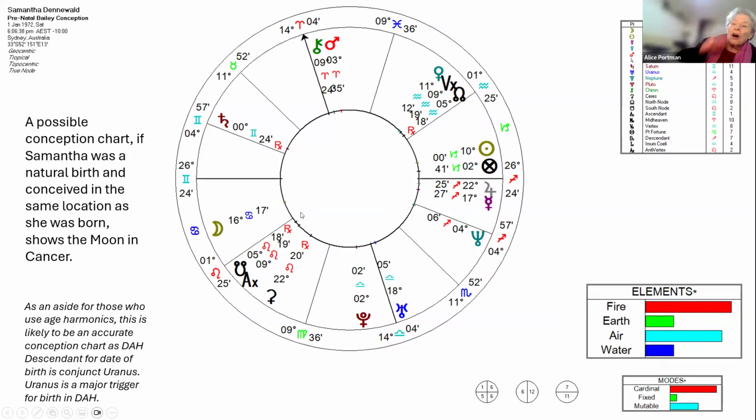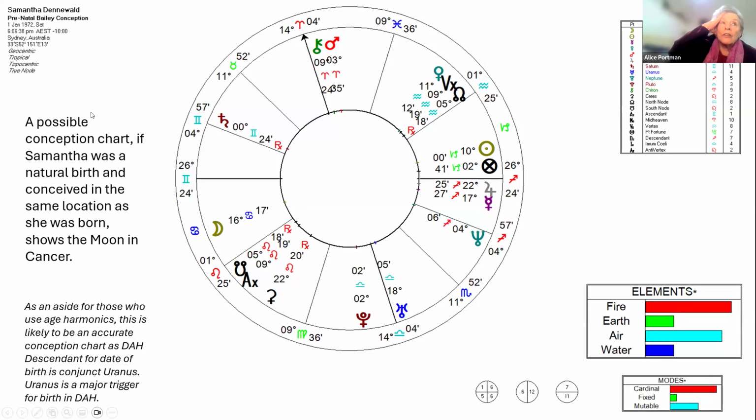Now, what I do is there's a whole new talk, and it's a lot more technical because I worked a lot with conception charts. If you get the right conception chart, day-age harmonics to the date of birth will show the birth. Huh? It will show it happening. Even if it's, you know, prem or anything else, it will show the birth happening.